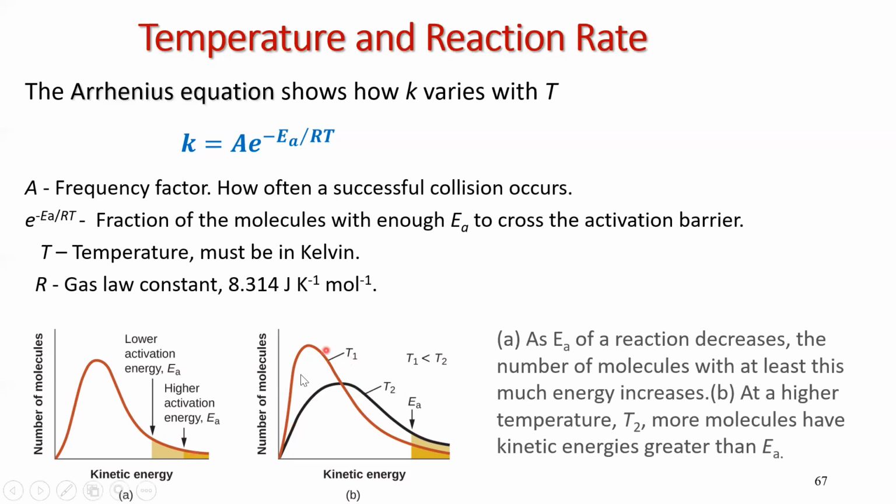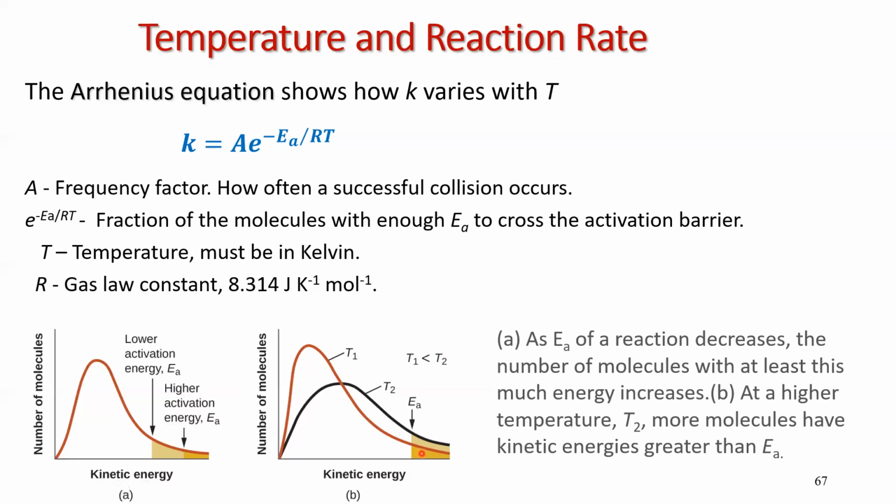Now, when we look at this graph, we're looking at the distribution of kinetic energy among molecules at two different temperatures. This first curve here, the red one, is a reaction at a lower temperature. At a lower temperature, the distribution of kinetic energy is more compact, and only a small number of molecules underneath this curve actually have enough energy to react.